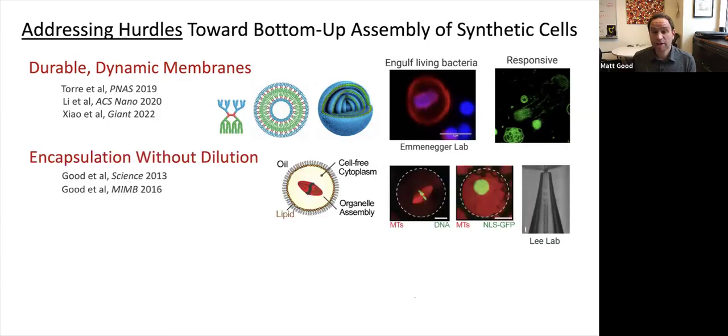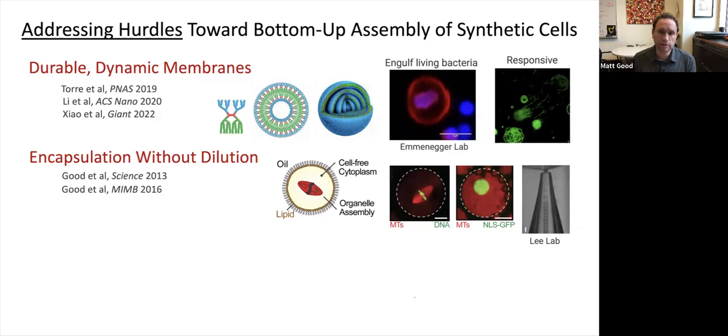And then to be able to make functional minimal cells, in our view, it's really necessary to reliably load components without dilution, particularly complex mixtures such as the cytosol. This is something that I started in my postdoc work with Rebecca Heald and Dan Fletcher. It's a really challenging problem. We've previously tried to approach this by using microfluidics to encapsulate oocyte cytoplasm without dilution, for example, in water and oil emulsions.